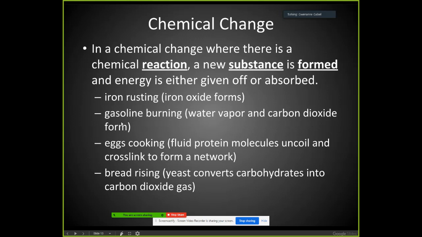Okay, so gas is something different than water and carbon dioxide. So it's creating new substances. When eggs cook, that is a chemical change. Bread rising, yeast converts carbohydrates into carbon dioxide gas. You guys explored yeast in 7th grade, I believe.